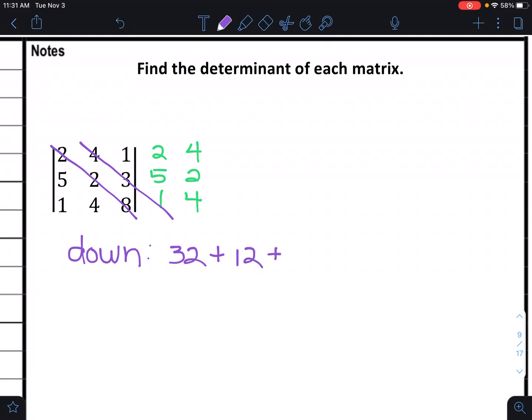Then our next down diagonal will be 1 times 5, which is 5, times 4 is 20. Now we add those together. This will be our down diagonal. We get 20 plus 32 is 52, plus 12 is 64.